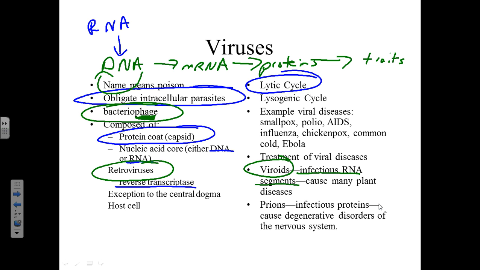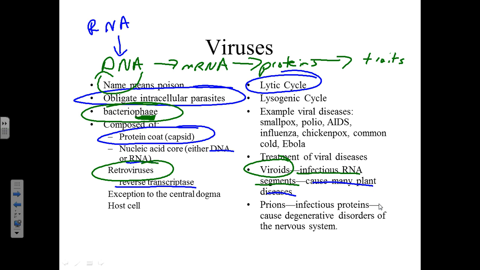They're just little pieces of RNA, and they cause a lot of different plant diseases. Why not animal diseases? What do we have that plants don't? Immune system. Our immune systems will protect us from those kinds of things. We don't typically get infected by them.